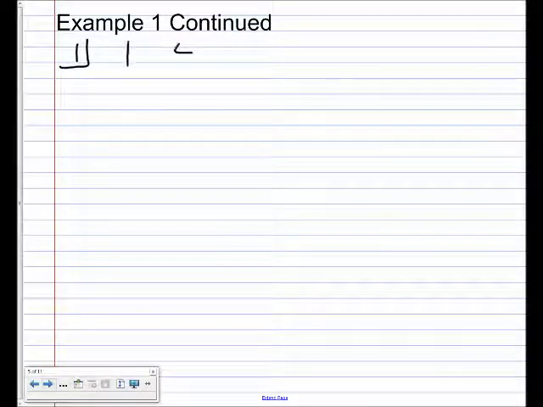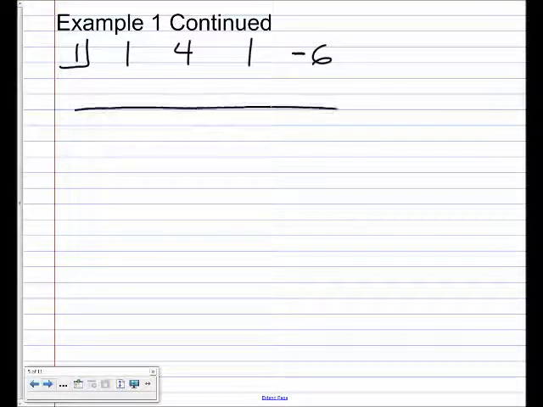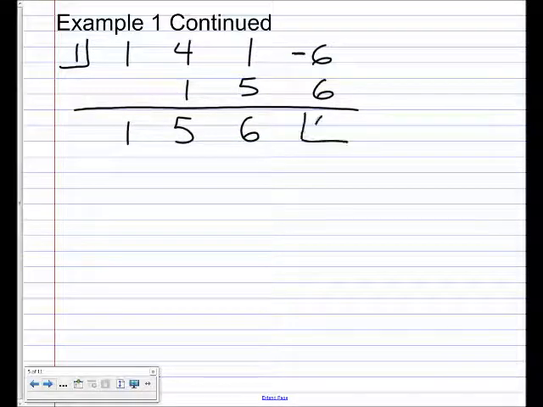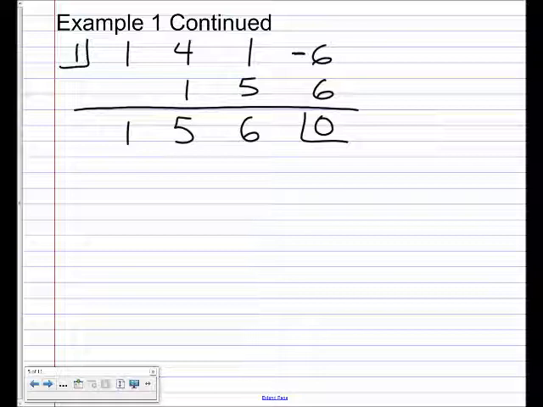So 1, 4, 1, negative 6, just copying my work from the last slide. All right, so we have 5, and then 6, and this was 0. Great. Now, I'm going to use 1, 5, and 6 to write down what is remaining from this original polynomial.